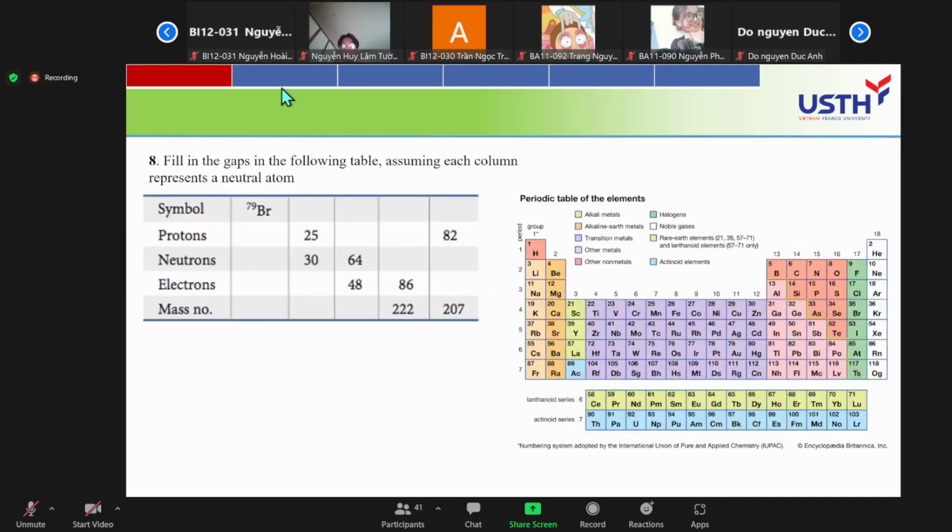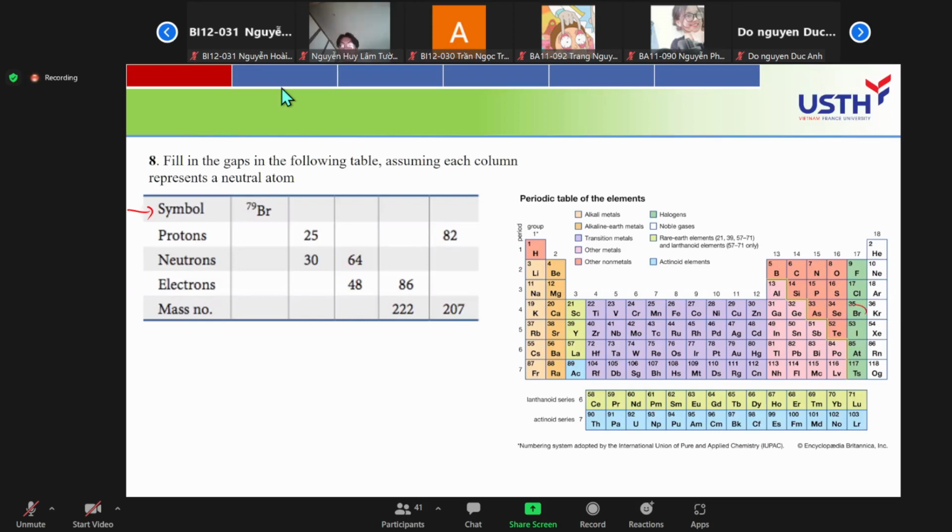Very similar to that is the next exercise, using the periodic table. The first one, if you have a symbol of 79 bromine, you can find the symbol here.